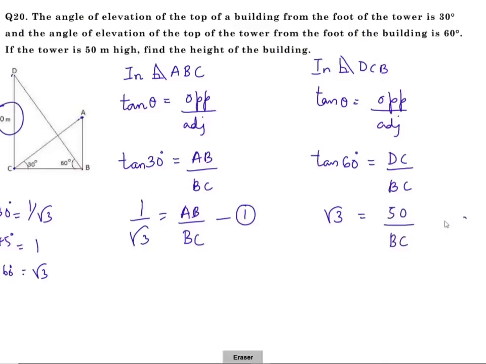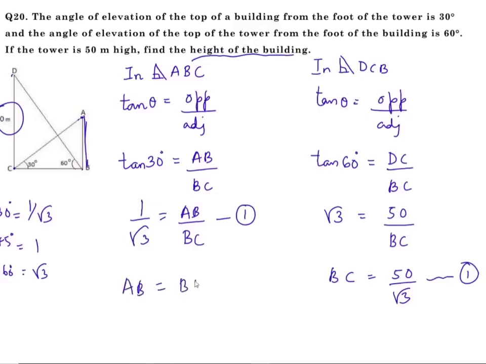Now BC equals 50 by root 3. Just cross multiply. We got BC value as 50 by root 3. What we need to find out from the figure is the height of the building AB. Now AB is what? Just cross multiply, BC by root 3.